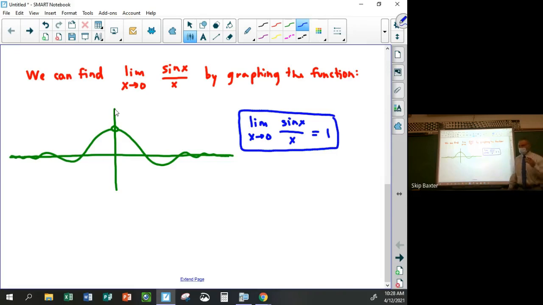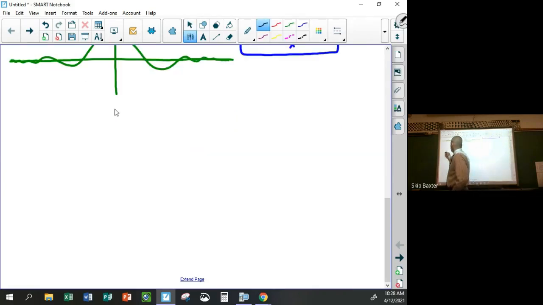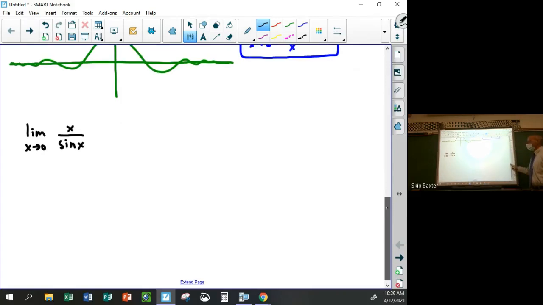There's 4 of them that we're going to talk about today, okay? The second one is, what if you have the limit as x goes to 0 of x over sine x? Now, obviously, it's the same situation. I get 0 over 0, but the graph looks much different.